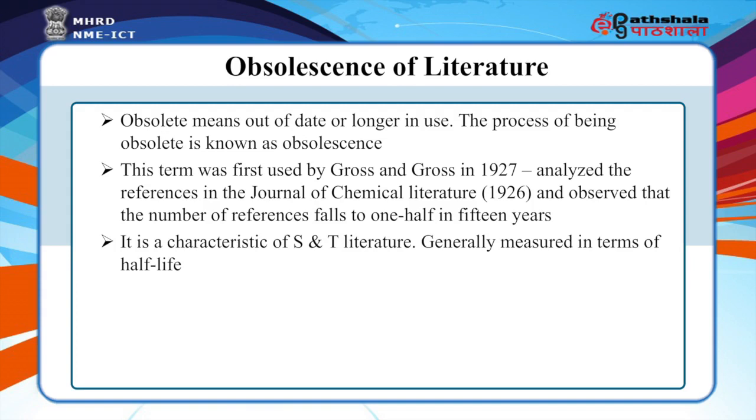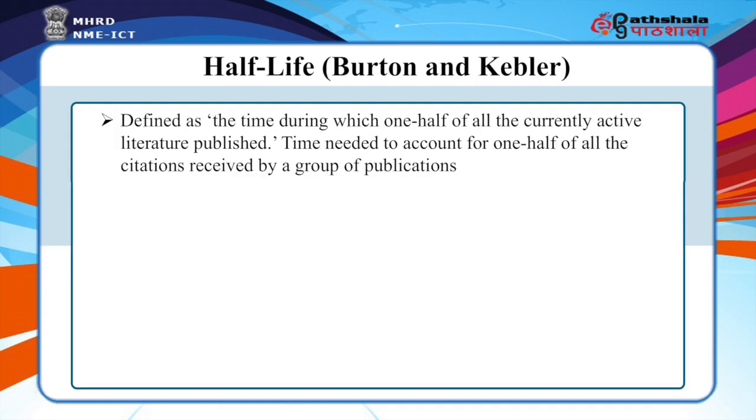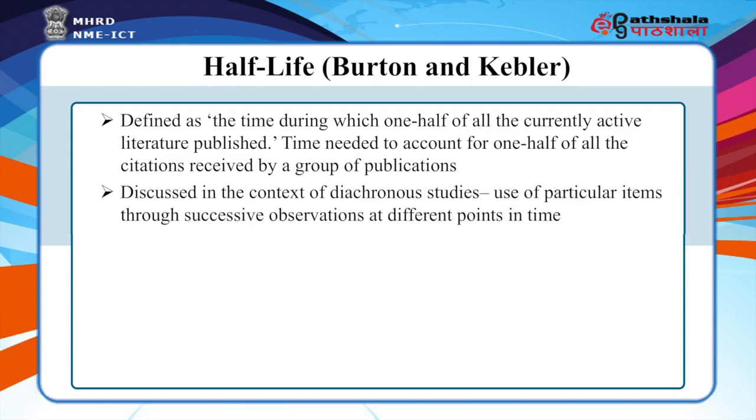This is a characteristic of S&T literature, generally measured in terms of half-life, defined as the time during which one half of all the currently active literature was published, or the time needed to account for one half of all the citations received by a group of publications. Discussed in the context of diachronous studies, the use of particular items through successive observations at different points in time.